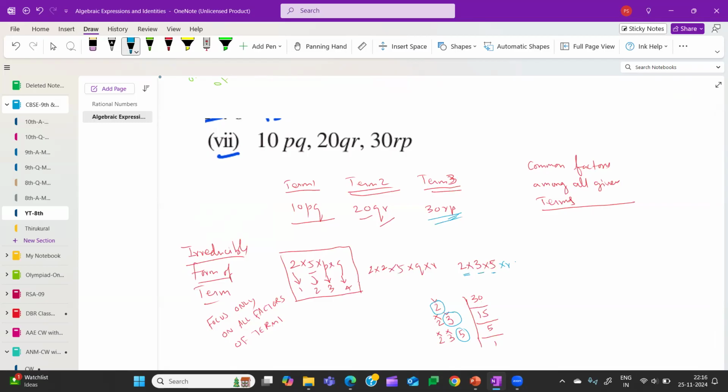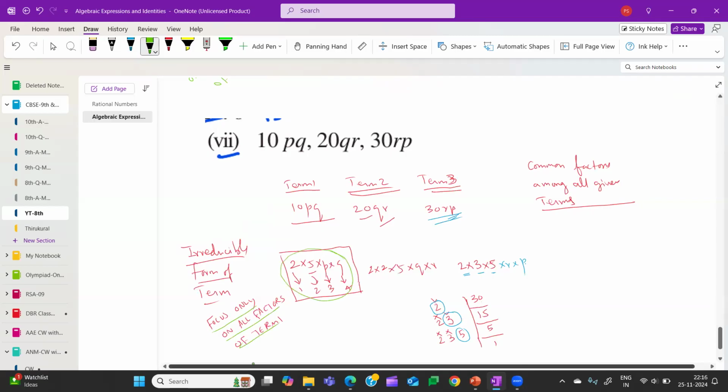Then R into P. So now we are just going to find out the common factors by focusing only on all factors of term 1. So factor number 1 of term 1 is 2. Whether it is available in all the other terms, wherever it is available, I'm just circling it and then I'm just taking only one of them.